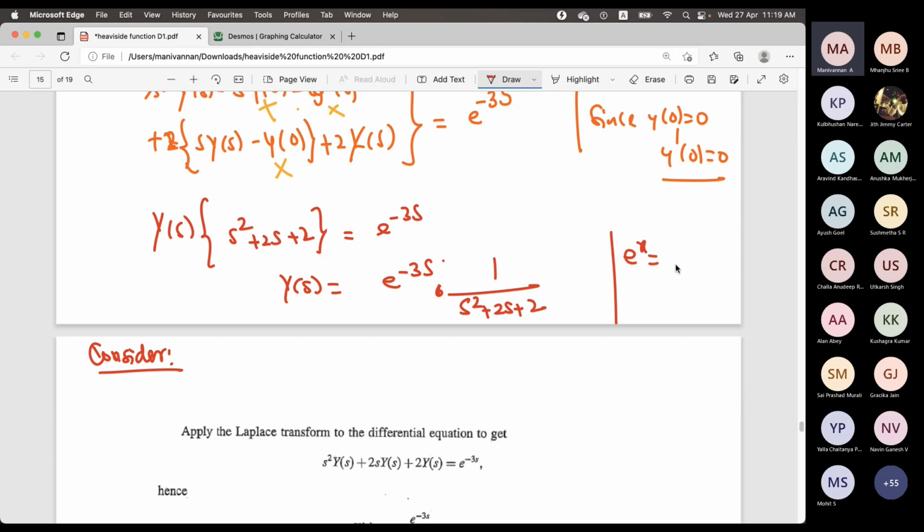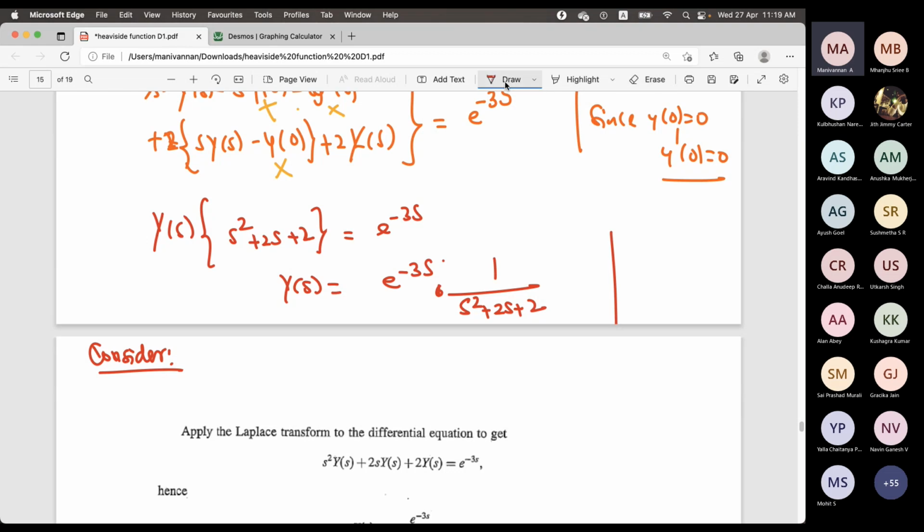It is 1 plus x plus x squared by 2 factorial, and so on. It has infinitely many terms, so we cannot apply partial fractions here.